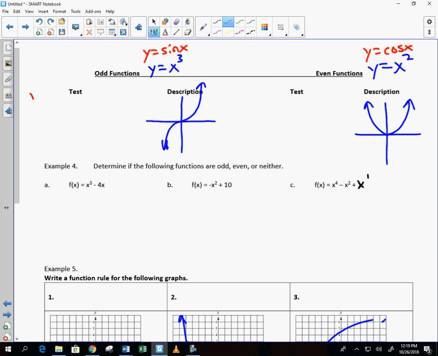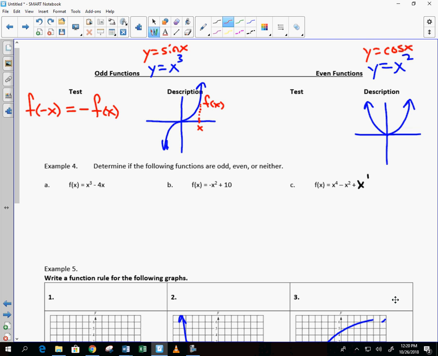Here's what we do. We take the function and we plug in a value. We plug in negative x. And if, when we plug in negative x, it produces negative f of x, then we state that the function is odd. What that means is if I grab an x value, it produces a positive f of x value.